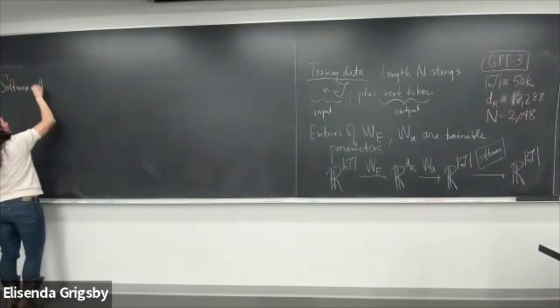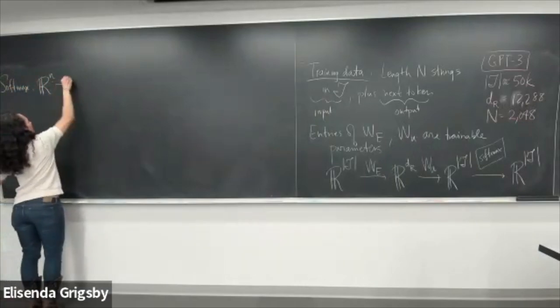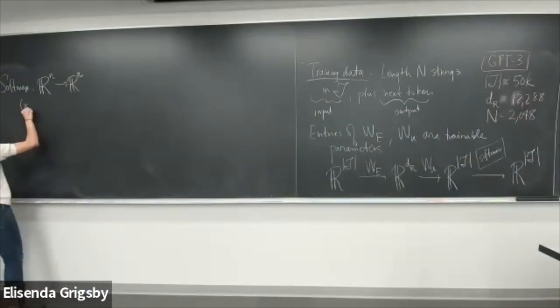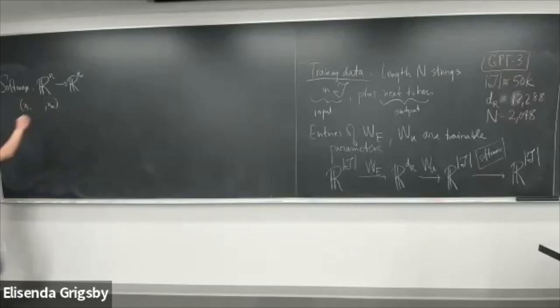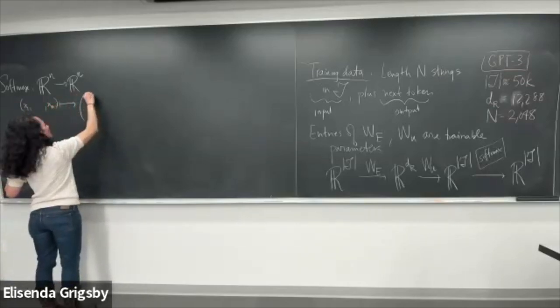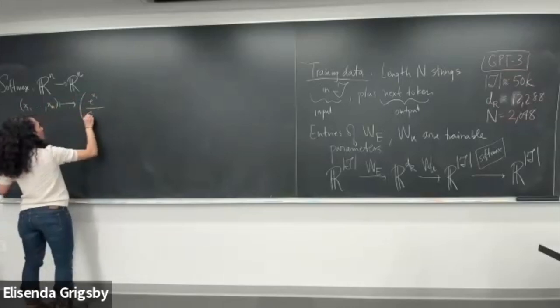So this is a function from R^n to R^n. We'll take a string of real numbers, and it will send it to e to the real number over the sum of the real numbers.